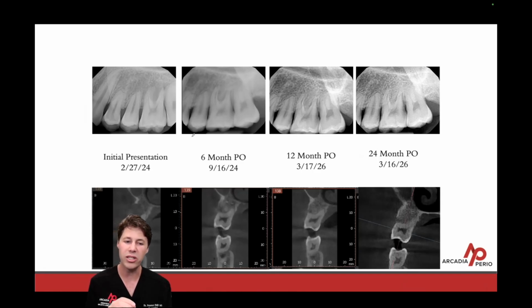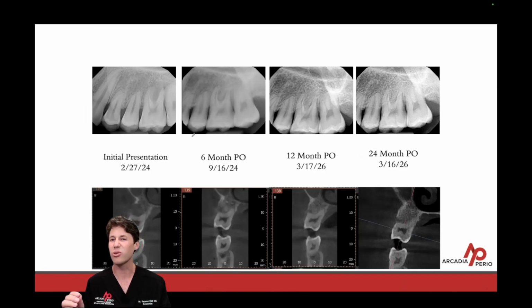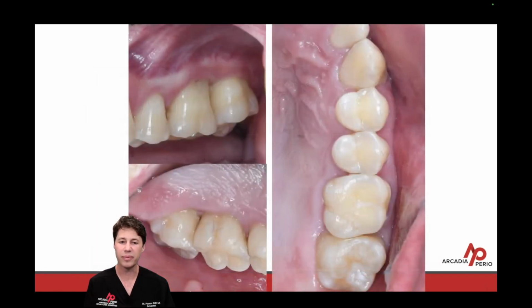So initial presentation 2/27/24. 6 months was back in September of 2024. 12 months was actually March of 2025 and 24 months was March 16th of 2026. So that's a typo there, but this is how good that bone can regenerate.